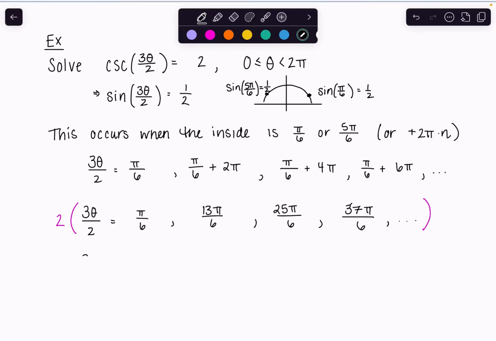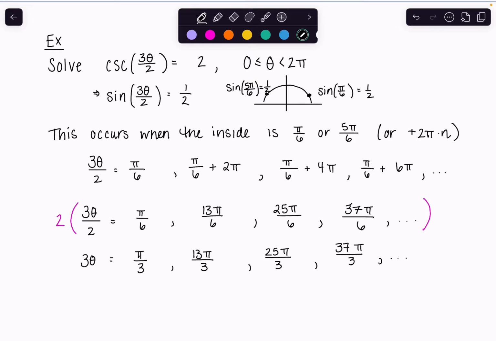So that gives me 3 theta. The nice thing is when you multiply all of these by 2, then all that's going to happen is 2 over 6 becomes a 3. So this is pi over 3, 13 pi over 3, 25 pi over 3, and 37 pi over 3.